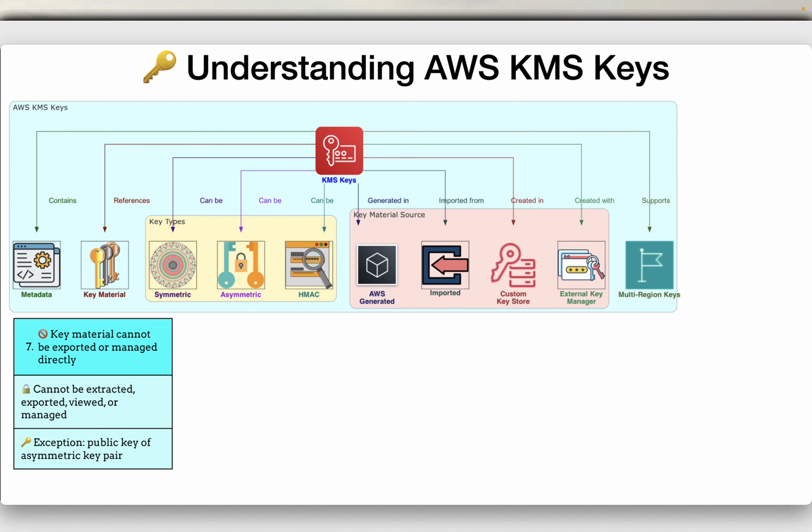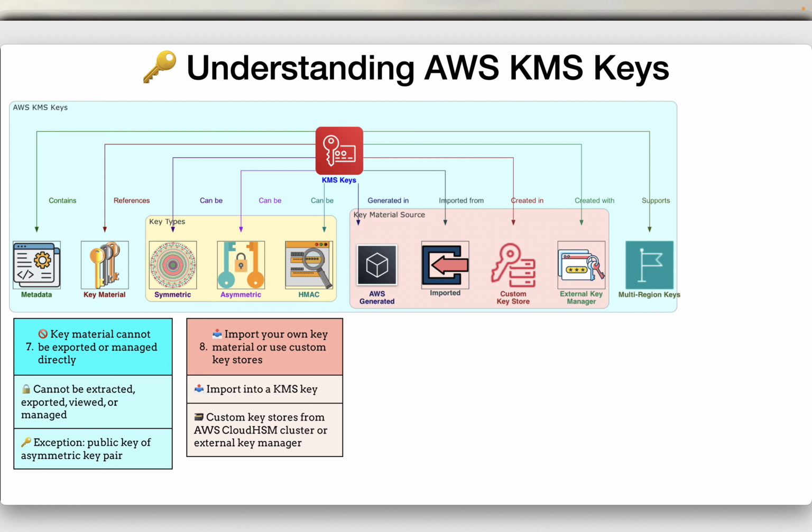By default, the key material created by AWS KMS cannot be extracted, exported, viewed, or managed directly. The only exception is the public key of an asymmetric key pair, which can be exported for use outside AWS.